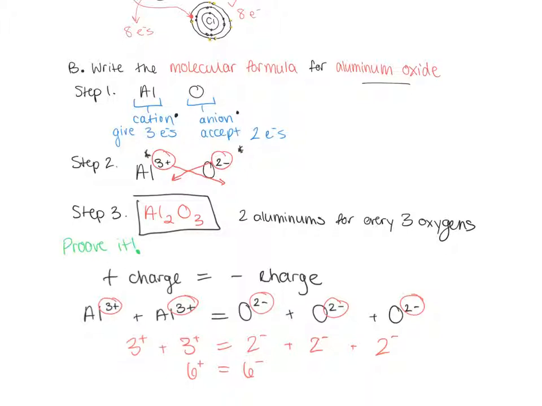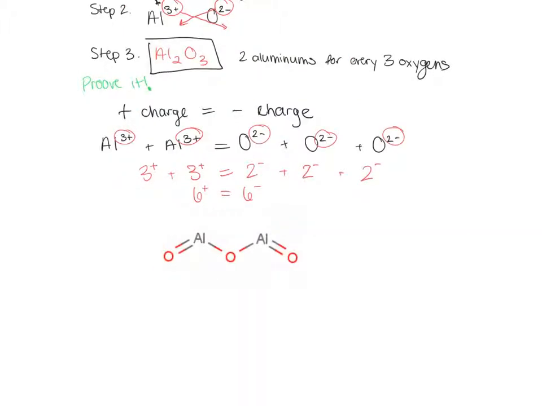If you want to take this one step further, you can draw out the Bohr diagrams for aluminum and oxygen, and you can show how you need 2 aluminums and you need 3 oxygens for enough electrons to be donated and accepted for everyone to have a full octet. So this kind of picture that I found online can help visualize the total neutral charge a little bit easier, I think, than drawing out all the Bohr-Rutherford diagrams, if this makes sense as a different visual.